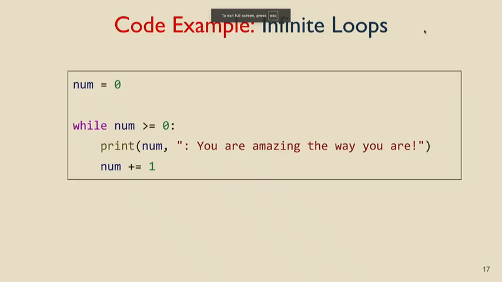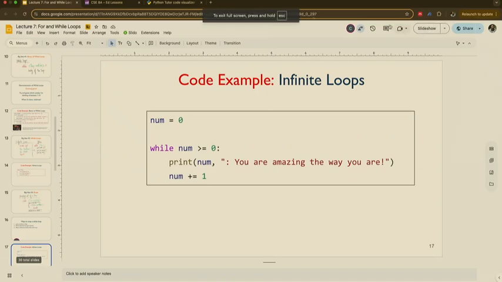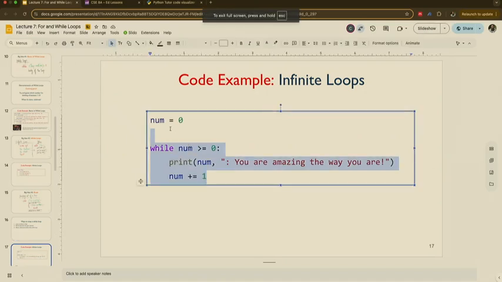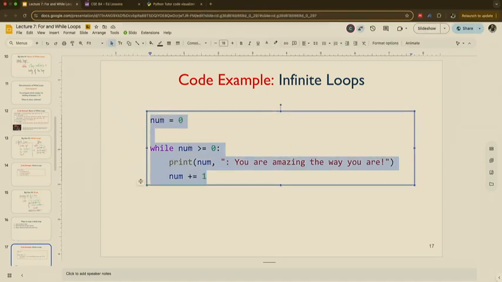All right. Here's an infinite loop. We start off with num being 0. While your number is greater than or equal to 0, you print out your number, and then you say, you are amazing the way you are. Okay? Beautiful. And then you have num plus equals 1.